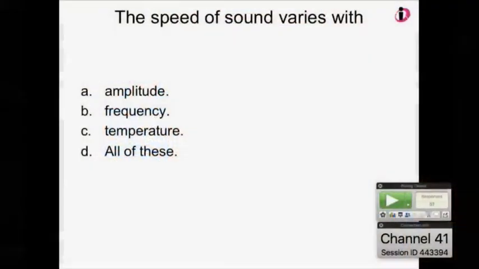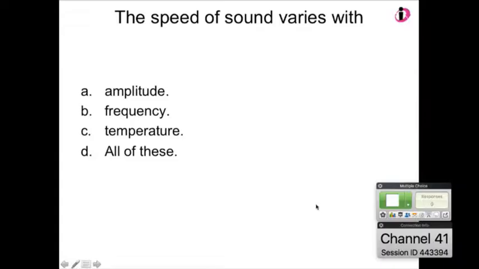The speed of sound varies with which of these? If you change A, B, C, or D, which one of those will also change the speed of the sound? 10, 9, 8, 7, 6, 5, 4, 3, 2, 1.